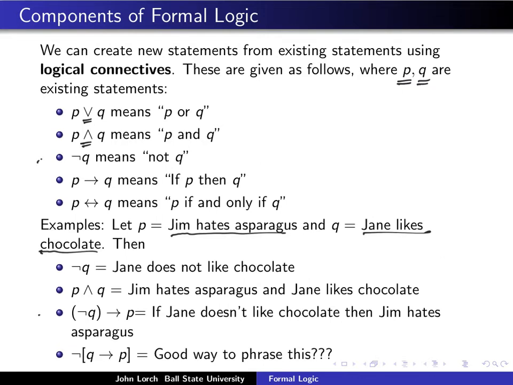Now in the third bullet point, we have something a bit more complex. So this is if not Q, then P. So this would be if Jane doesn't like chocolate, then Jim hates asparagus. And then finally, in this fourth bullet point, we have the opposite of if Q, then P. So that would be the opposite of if Jane likes chocolate, then Jim hates asparagus.